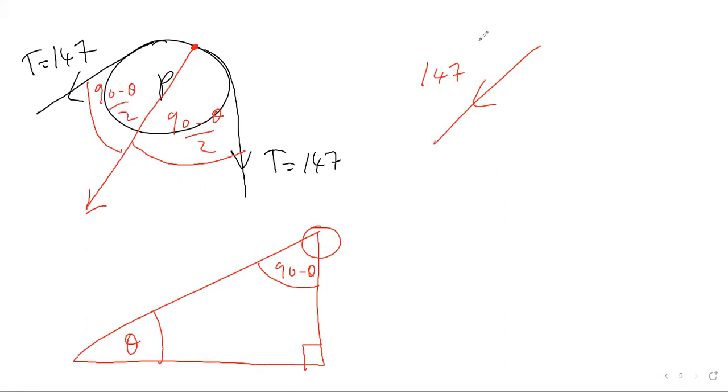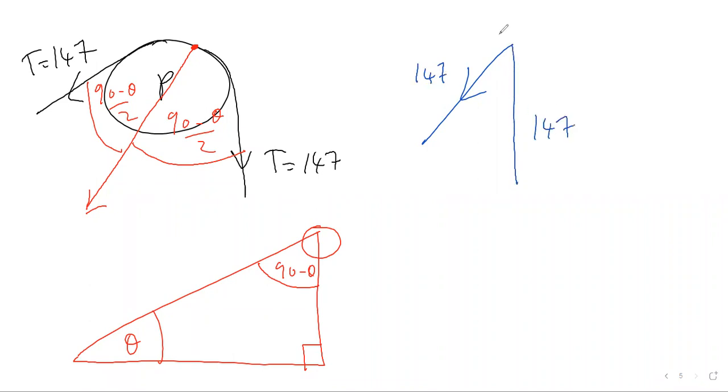As I've done over here, I'm going to use the color blue instead, just to make it look as neat as possible. We've got the tension of 147 newtons going down there, and this vertical tension of 147 newtons going down there. Then you're going to split your angle into half.